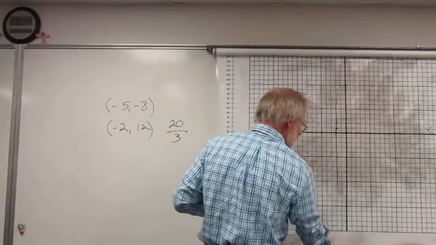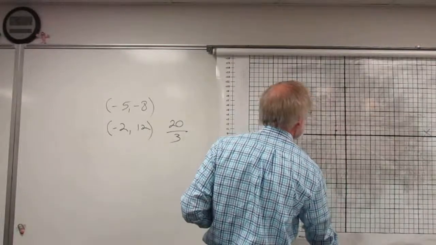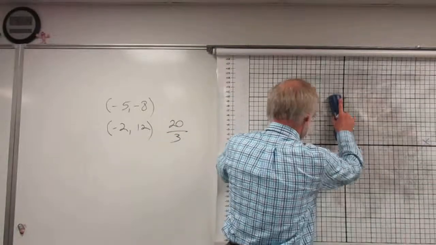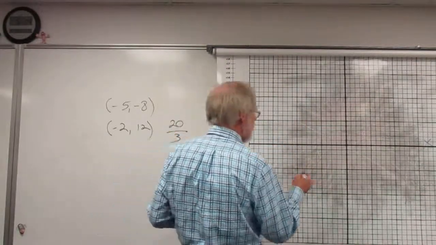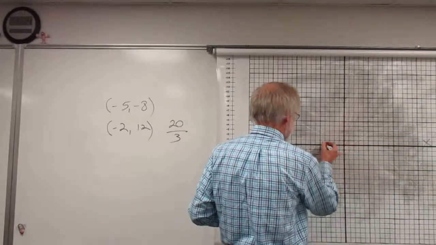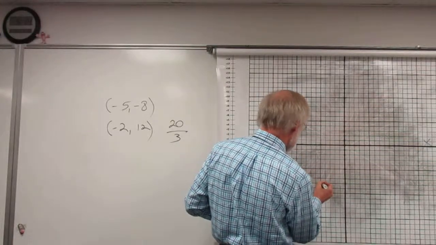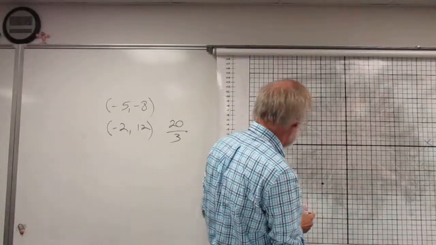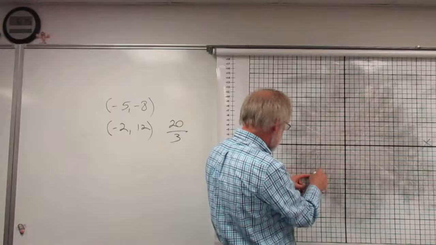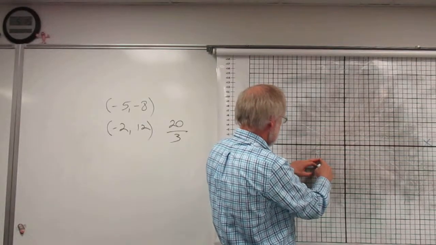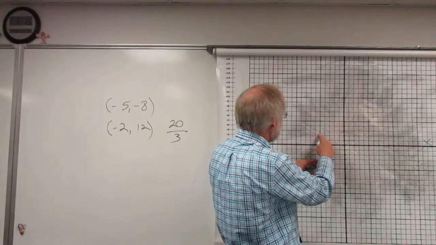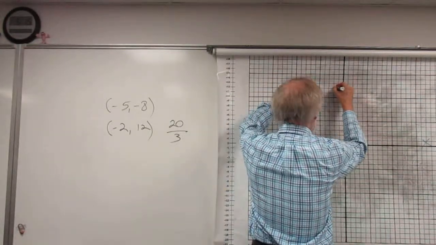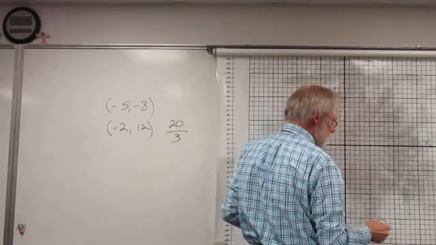And then this would be hard to do because the slope is 20/3, but you would do negative 5, negative 8. So negative 5, negative 8 would be right here. And then you would go up 20 and over 3. I don't think I can do that. Let's see. Down 3, up 3. There's 5. Maybe I can. 10, 15, 20. Yes, I can, and over 3. Okay, so the line would look like that.